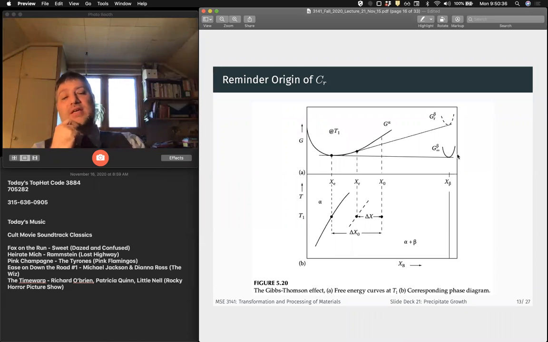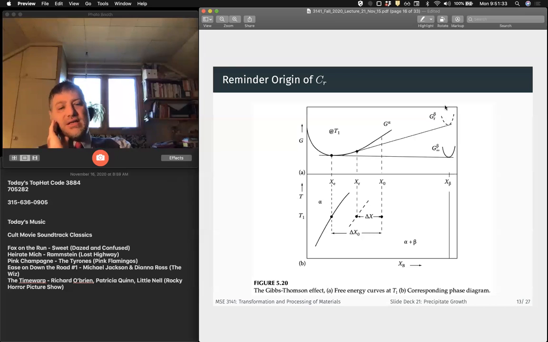just review from Gibbs-Thompson, right? If this is our free energy curve for the beta with a perfectly flat interface, our common tangent means our alpha is going to be at this composition, our beta is going to be at this composition, right? But due to Gibbs-Thompson, our free energy of the beta phase increases with a tighter and tighter radius, right? Meaning that due to our common tangent, the equilibrium composition of our alpha phase near that tight interface is richer in beta than it would be for the flat interface.